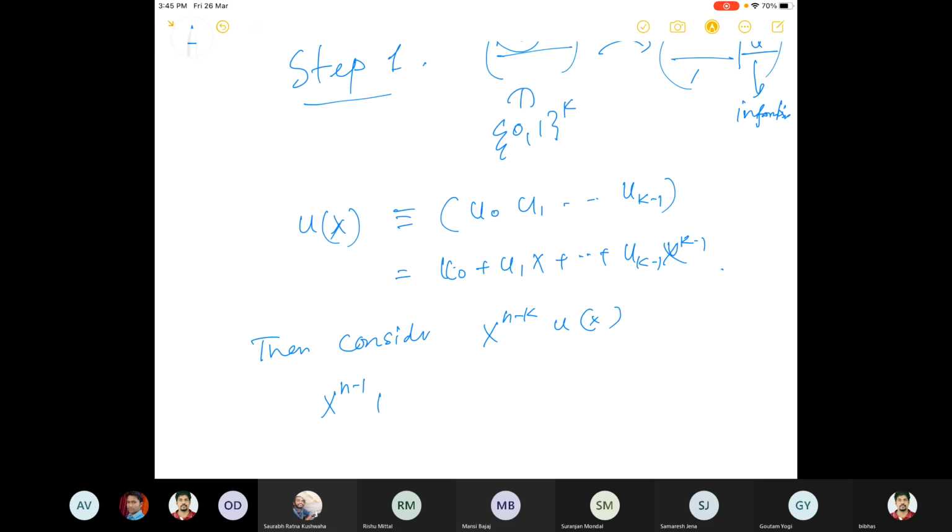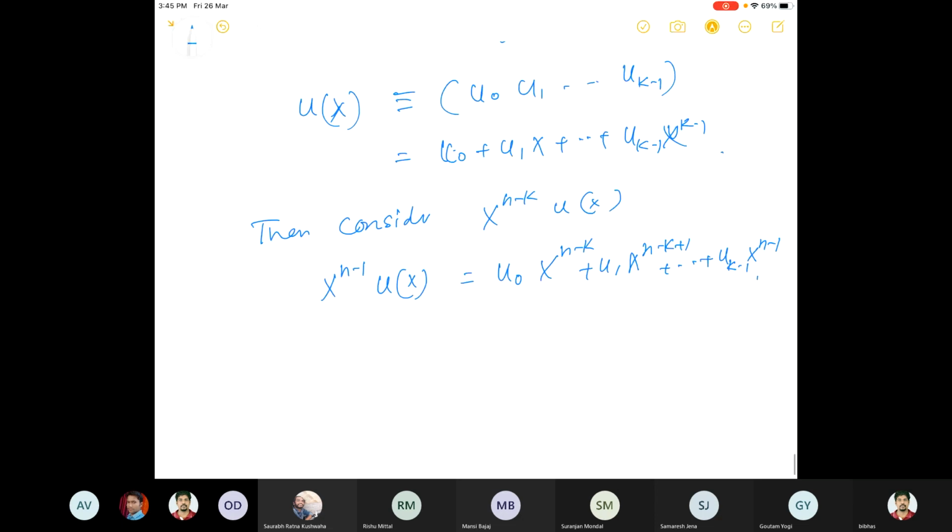It's x^{n-k} times u(x). This will be some polynomial. What will be the degree? The degree will be n minus 1. So this will be u0 x^{n-k} + u1 x^{n-k+1} + ... + u_{k-1} x^{n-1}.